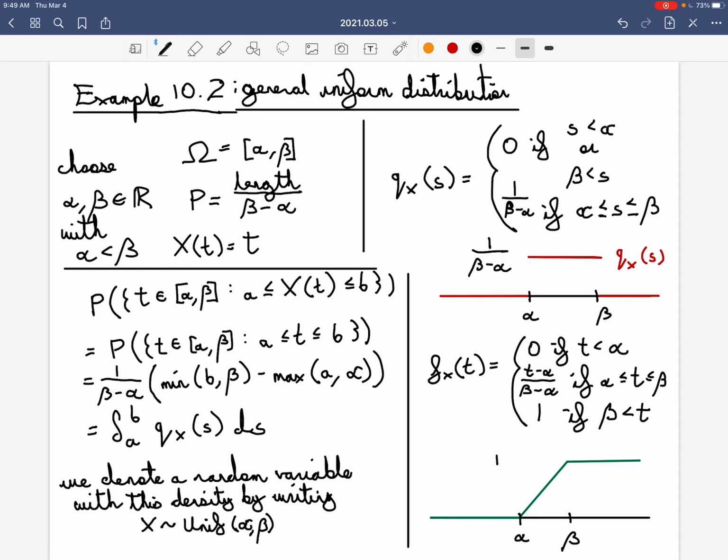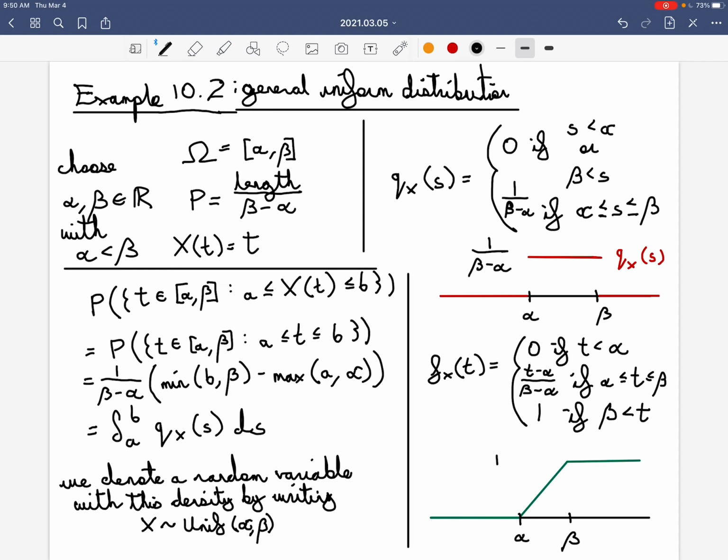Okay, and the random variable we're considering is, again, just given by X(t) = t. So you can see the density I have written on the upper right. In the density of the general uniform distribution, you also have a step function, but now the height of the step is no longer 1, as with the standard uniform distribution.